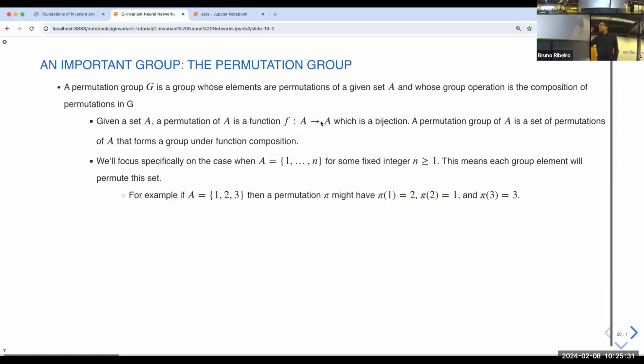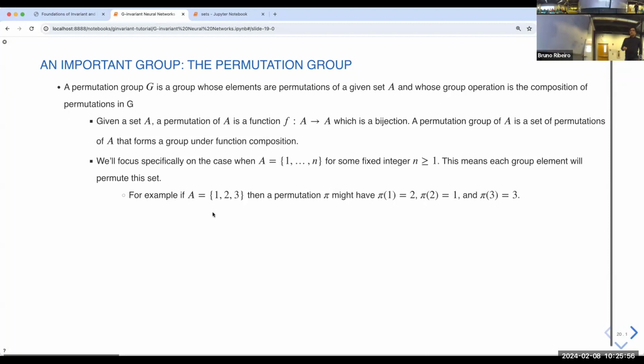And a permutation group of A is a set of permutations that can be formed under composition. So, for instance, if you permute the elements of a sequence of n elements, you know how to compose: you permute them, and then you can apply another permutation, and that's the composition.